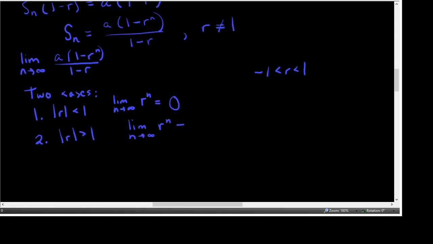Well, that's going to be infinite, which means that the limit of the sequence of partial sums diverges. So the sequence of partial sums diverges in that case. And that means that the geometric series that we're talking about diverges.